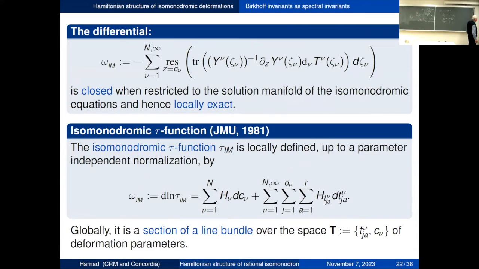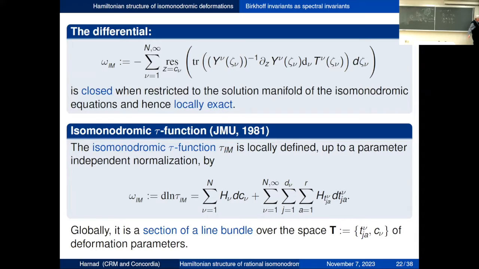And there's a differential form on the space of parameters, which is defined by taking residues of those guys that we had before. This is a differential form in two ways. You've got a differential with respect to the parameters and a differential with respect to the Z, the spectral parameter. We take a residue of this, that leaves us with the one-form on the parameter space.